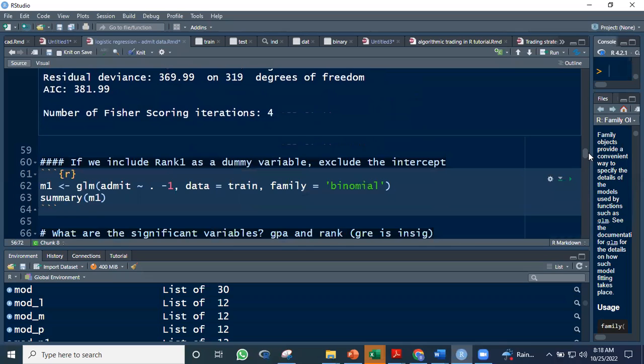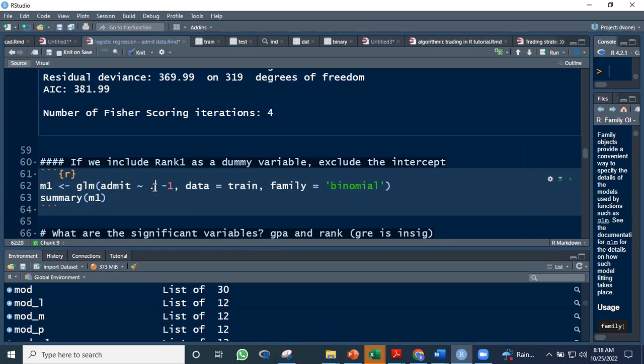Okay, now I think I mentioned this to you before, that if you want all the levels to be included as a dummy variable, what do? Ba tatanggalin natin intercept? So for example, dito, we're creating this model M1, GLM, admit, regress on everything, right?